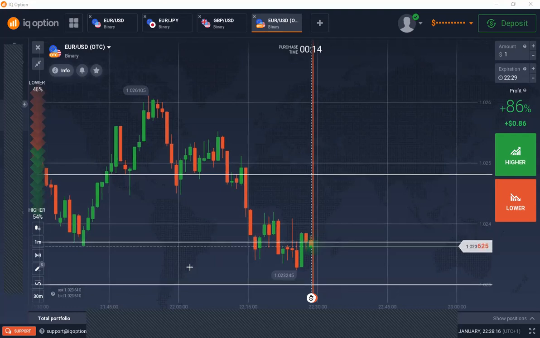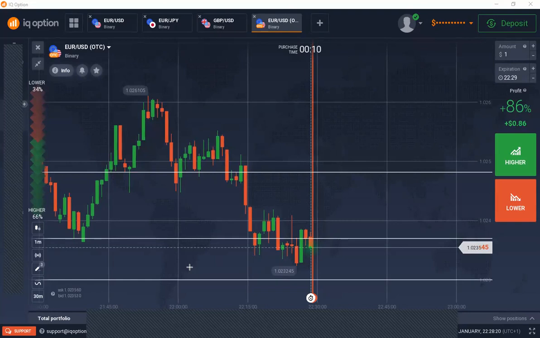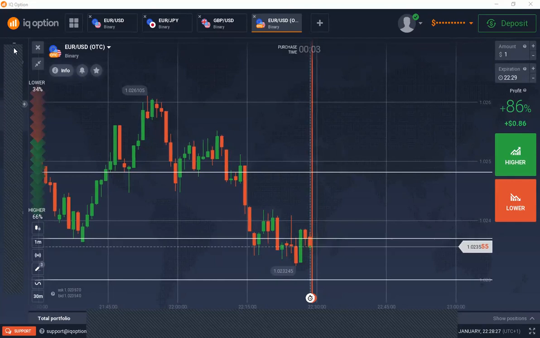When you combine two or more candlesticks together, that gives you a pattern. That's what I mean by multiple candlestick pattern. So that is how you trade binary. Always pay attention to the key level.